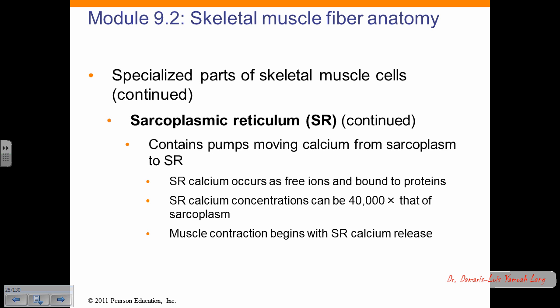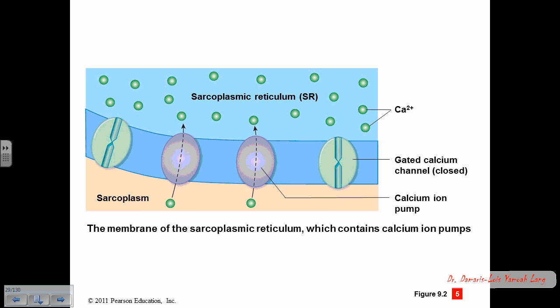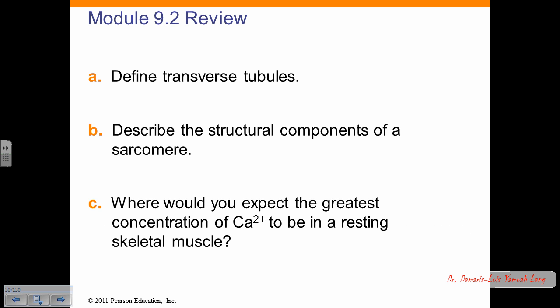And it contains a lot of calcium. So like I mentioned, we have the pumps pumping calcium inside from the sarcoplasm. So guess what? Energy is needed because the inside of the sarcoplasmic reticulum has 40,000 times more calcium in there than the sarcoplasm. So energy is needed for that to be happening, which is what I explained to you.